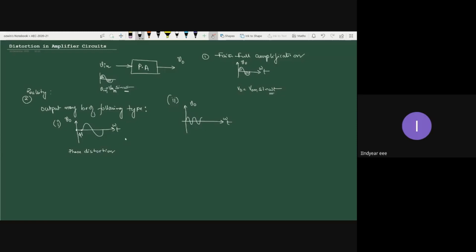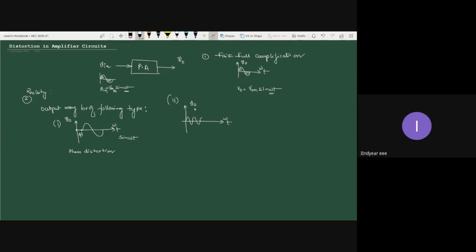That leads to improper amplification. So you cannot call it a faithful amplification, because the phase of the input voltage is 0, but the phase of the output voltage is some 5 degrees. That is called phase distortion. The signal is still sin omega t, in the sense if the source signal has an angular frequency of omega, the output signal also has an angular frequency of omega.